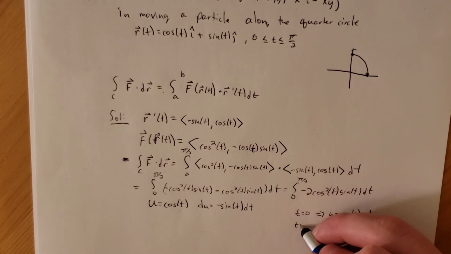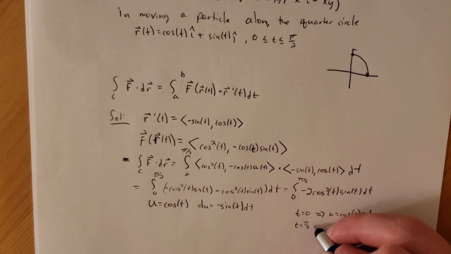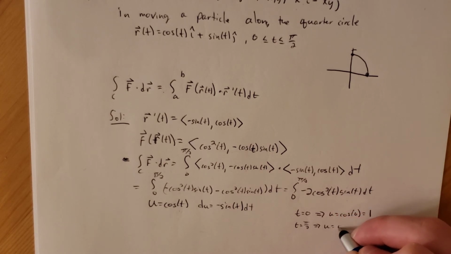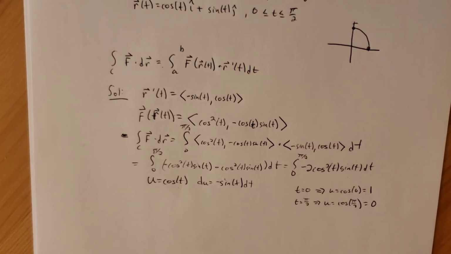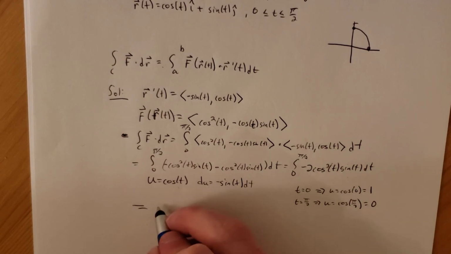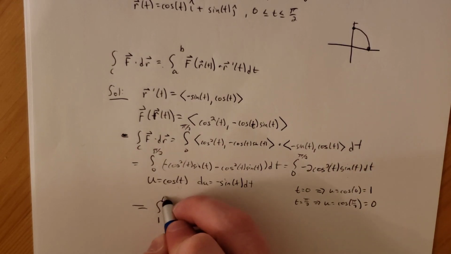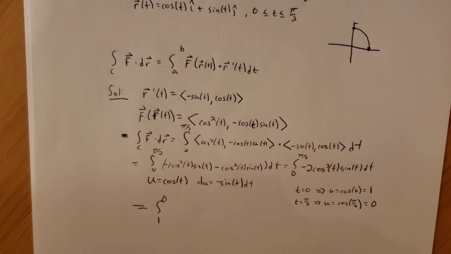If t is pi over 2, this implies u is cosine of pi over 2, which is 0. So our bounds change to 1 to 0, of the integral of u squared du.